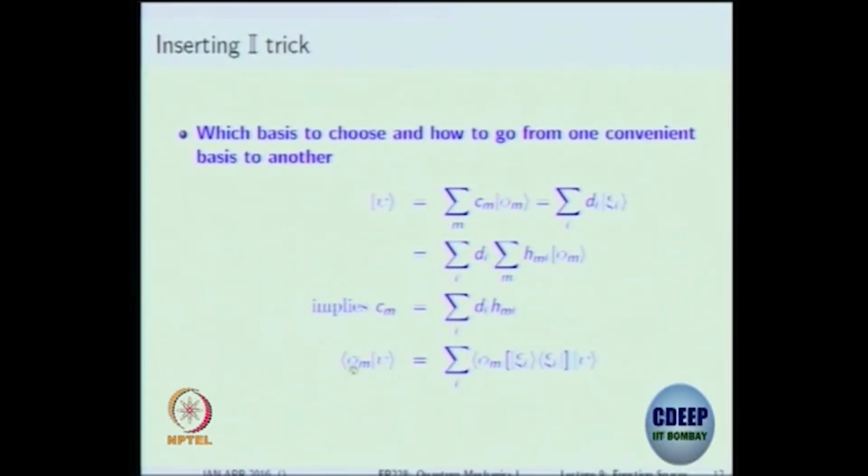Whenever you want to get to a new basis, you can insert an identity operator anywhere in between. So here I could insert an identity operator and write the identity operator in the xi basis. Okay, so this is a trick which will help us whenever, suppose you have a state which is oriented at 45 degrees. You want to look at that state.